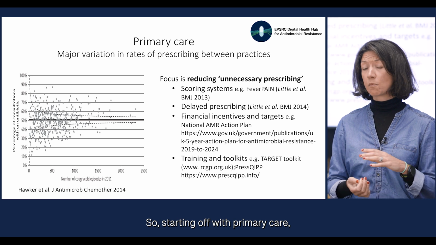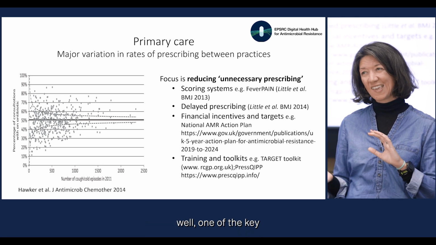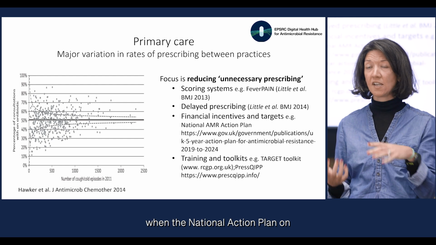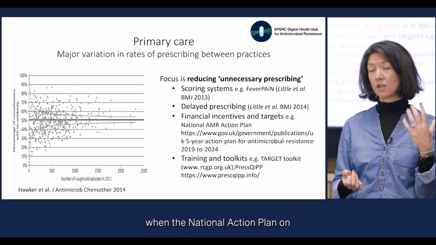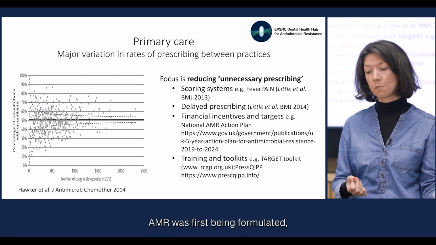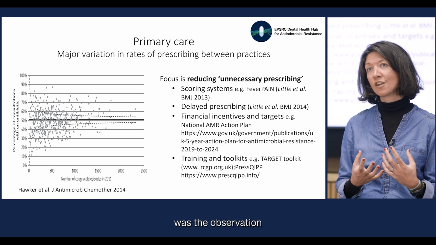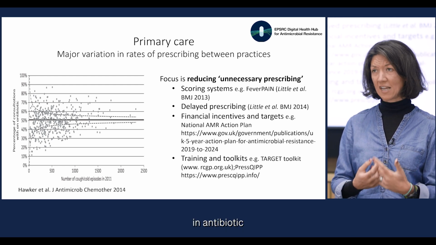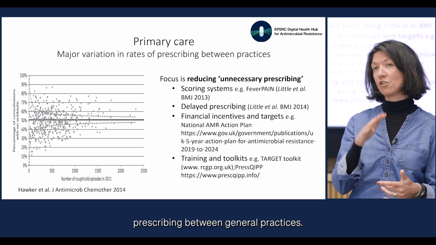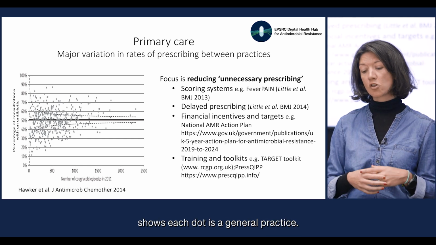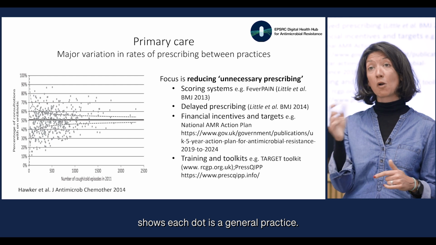So starting off with primary care, well, one of the key findings probably 10, 15 years ago when the National Action Plan on AMR was first being formulated, so the first version of this, was the observation that there's huge variation in antibiotic prescribing between general practices. And so this graph on the right shows each dot is a general practice.